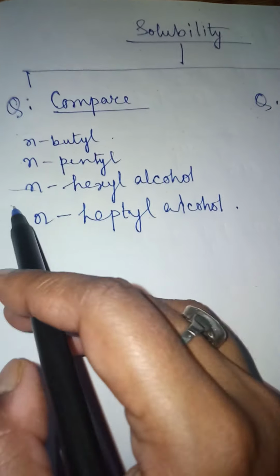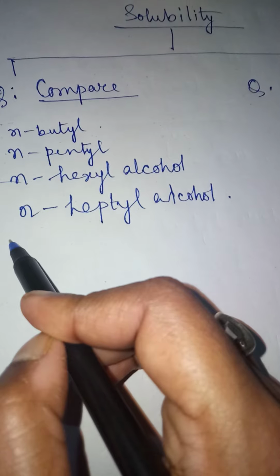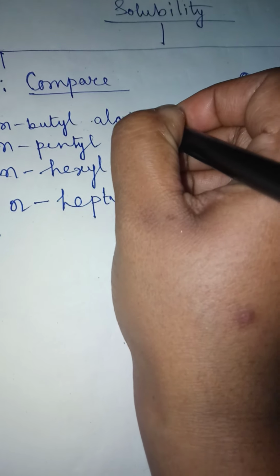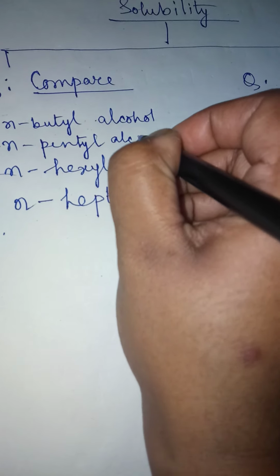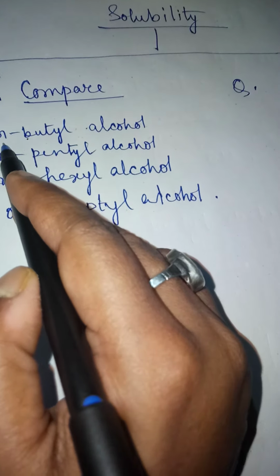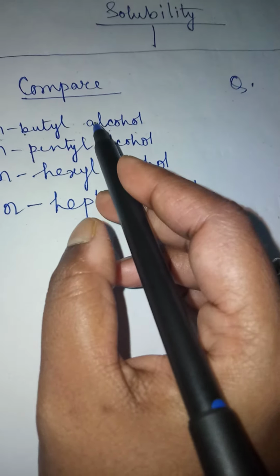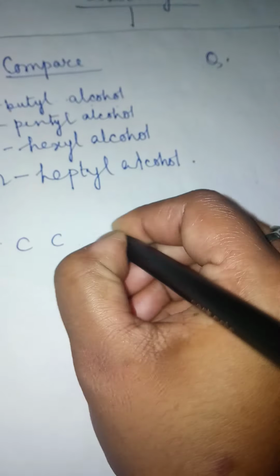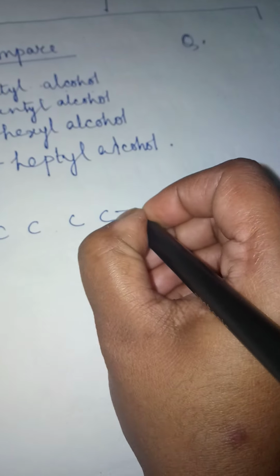All are normal common names. We can understand that these alcohols are carrying simple chains. I am writing it here. n-Butyl means 4 carbons along with this OH, and we can write it like this.